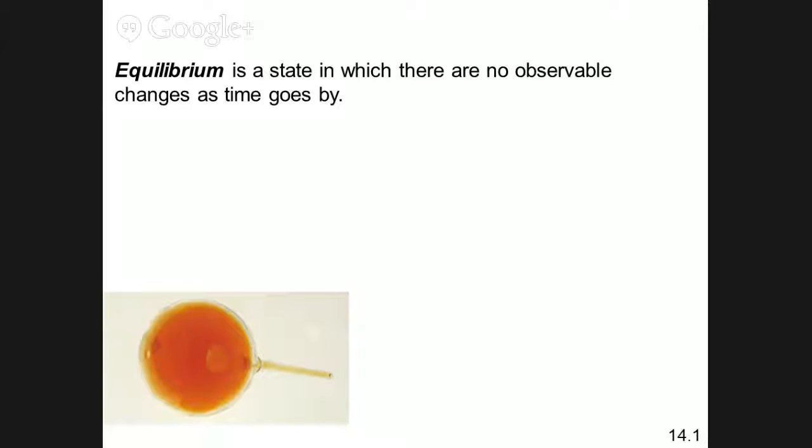Okay, as you noticed in the book, we're looking at equilibrium. And at its most basic, equilibrium is a state in which there are no observable changes as time goes by. Now, there are different kinds of equilibrium.